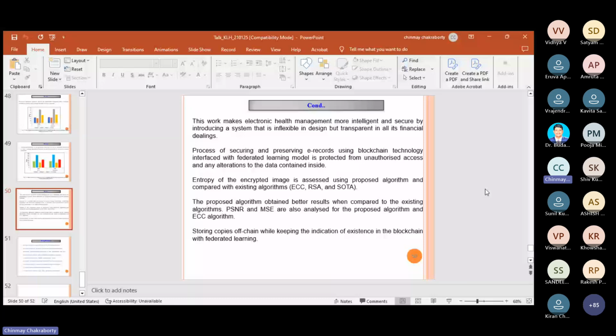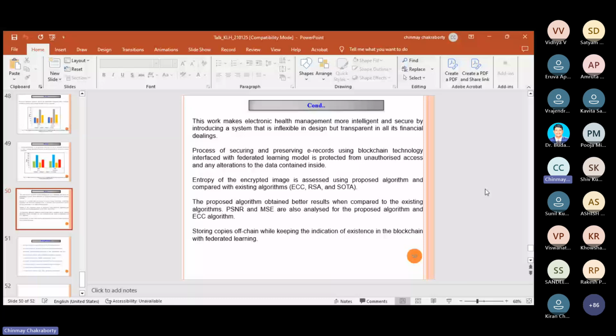Here the entropy of the encrypted image is assessed using the proposed algorithm and compared with the existing algorithms ECC, RSA, and SOTA, and the proposed algorithm obtains better results. PSNR and MSE are also analyzed for the proposed algorithm and the ECC algorithm, while storing copies of the chain and keeping the indication of the existing data in the blockchain and federated learning.